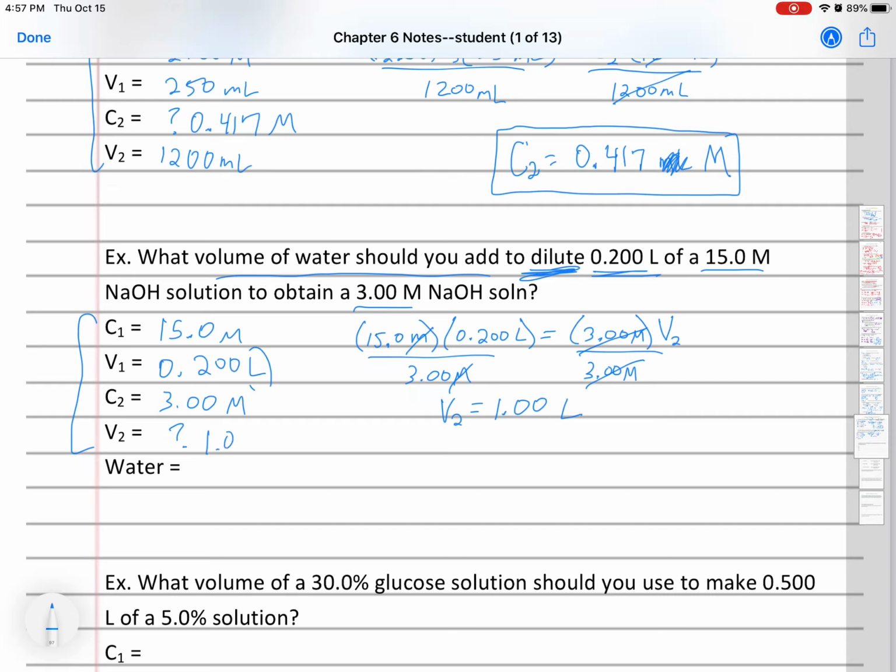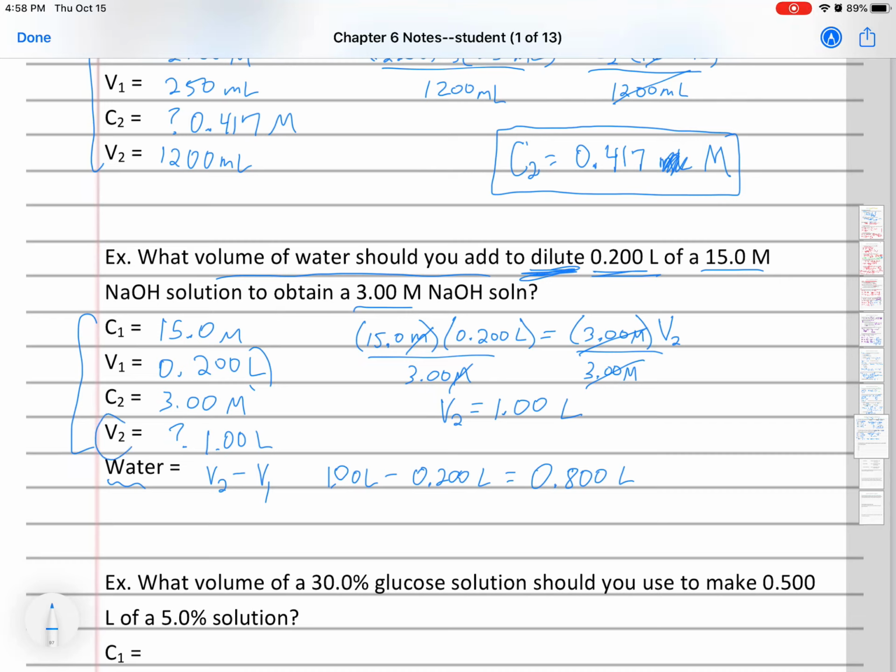All right, so if I want the final volume to be 1.00 liters, then the amount of water is going to be that final volume minus the initial volume. In other words, 1.00 liters minus 0.200 liters.